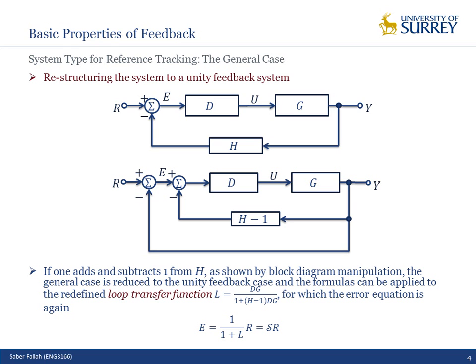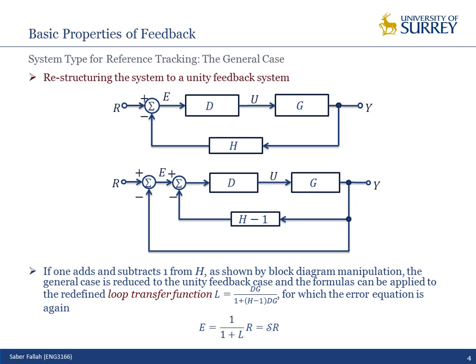So if I put everything here, the system will be in this shape. I will have a summation, DG over 1 plus DG H minus 1, and a unit feedback. My open loop or loop gain will be DG over 1 plus DG H minus 1.